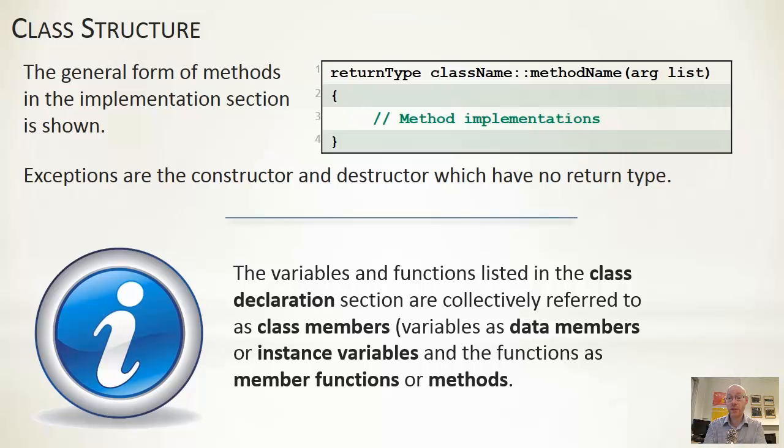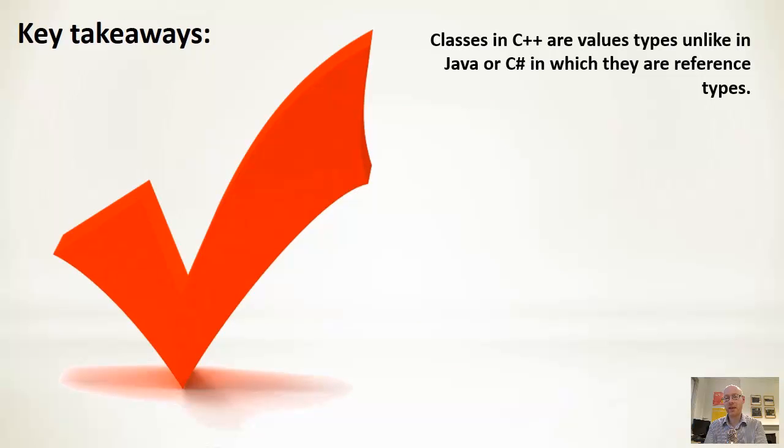Takeaways. The main point to take away is that in C++, when we create an object that is an instance of a class, it's very much similar to a value type. We can store it by default on the stack, or on the heap if we're using the new keyword.